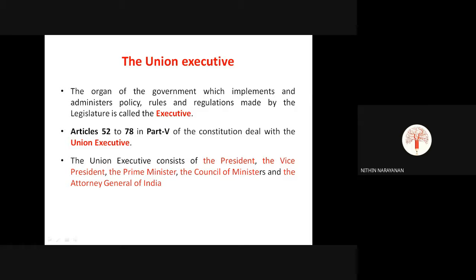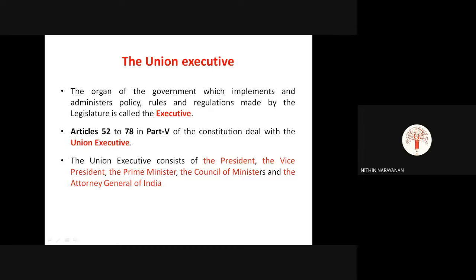The union or state legislature is the body which has the power to produce bills, amendments, new regulations or new policies. There should be an administrative mechanism through which these rules, regulations or policies are implemented by the country or by the state.